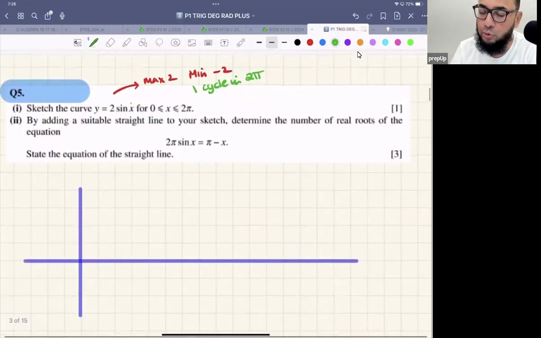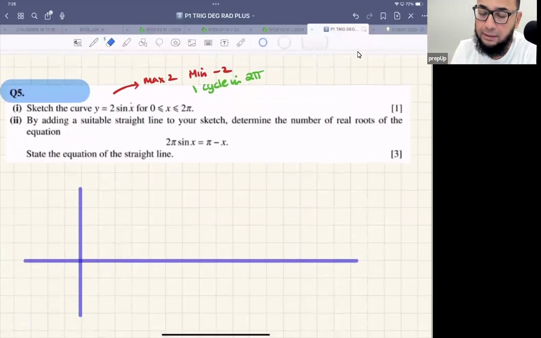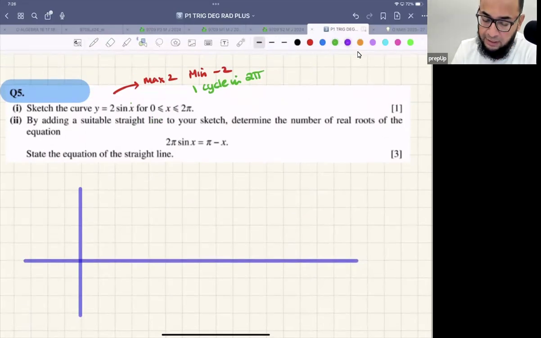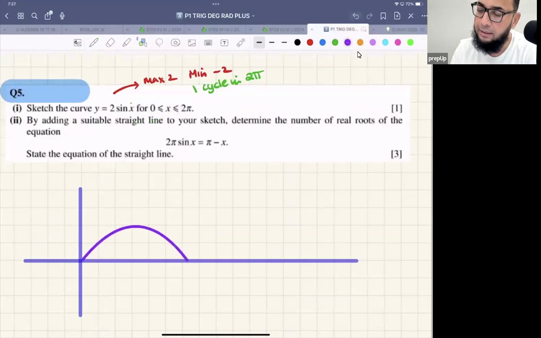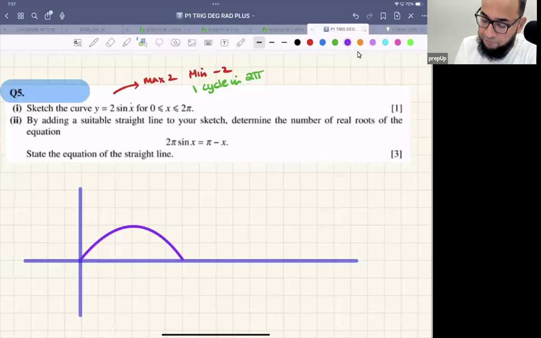So y is equal to 2 sine x, 1 cycle in 360 degrees. So let's get started with this one. Let me draw this like this. The maximum value is 2, the minimum value is negative 2. I think that's not bad. Let me draw like this, okay, that is good enough. So that is 1 cycle.